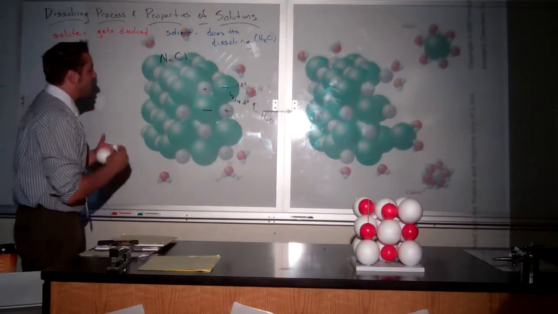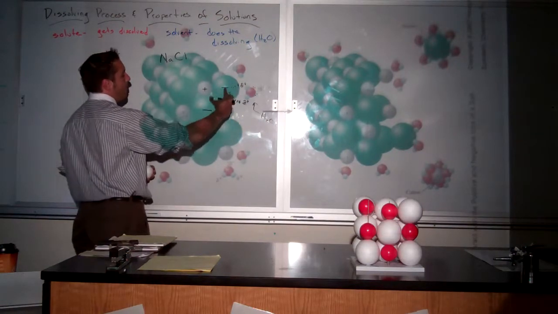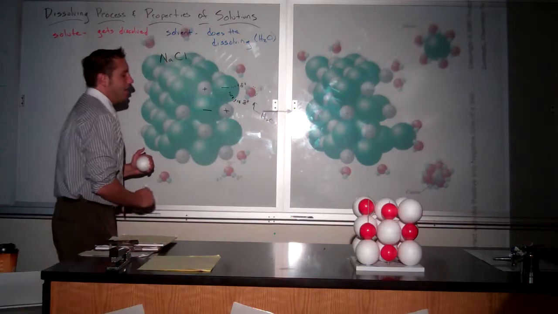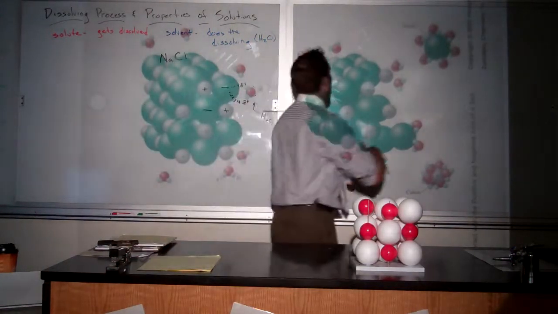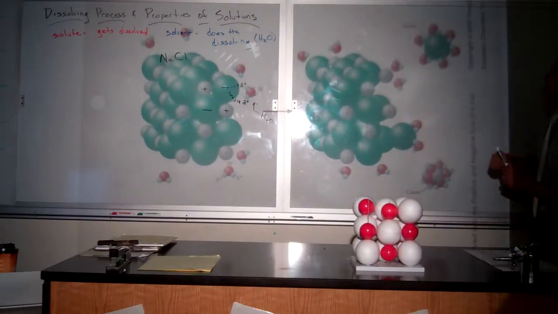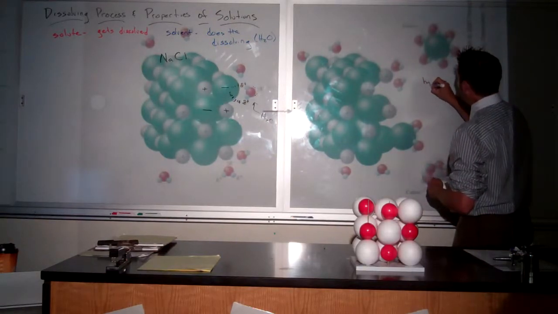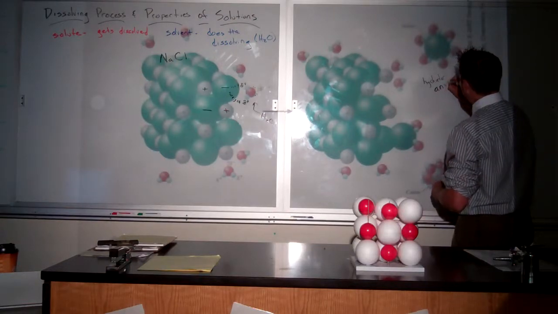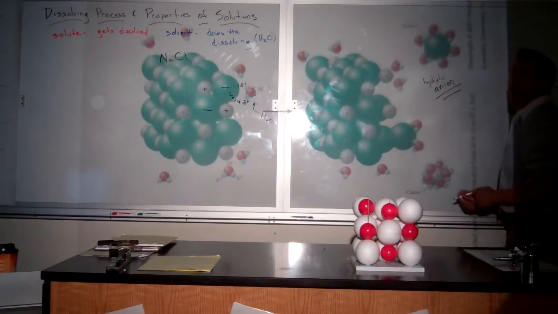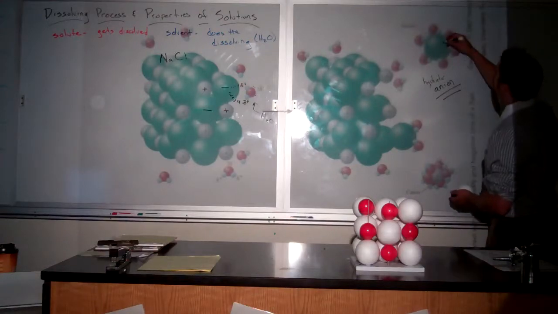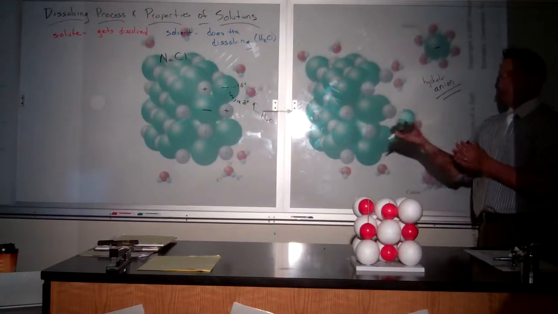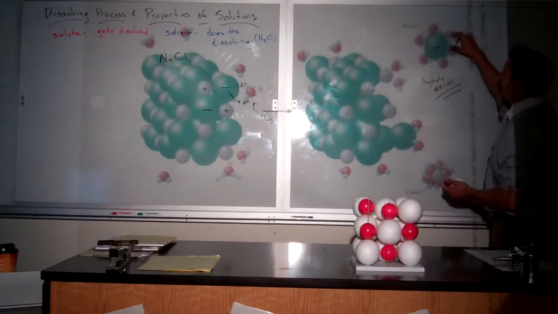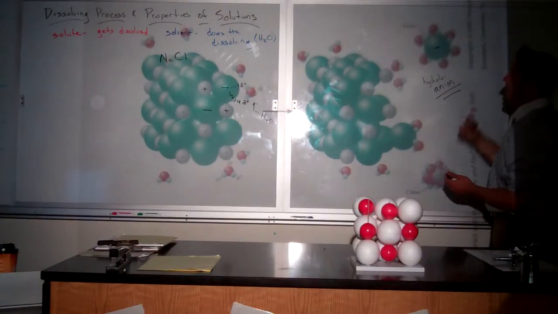So what happens is a lot of waters will come up and bind themselves to that anion, and eventually, if enough do it, what results is what we called a hydrated anion. And the hydrated anion has your negatively charged piece of the crystal lattice and a lot of waters that it took to bind to it and get it to remove.